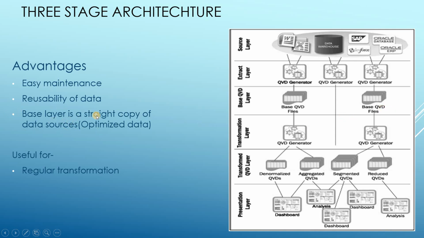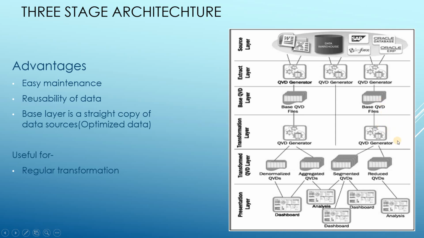The base layer is a straight copy of the data source. So when we perform high-level or very complex transformations at the transformation layer, it processes very fast because this processing is not happening at the source file. This processing is happening on the QVD files.